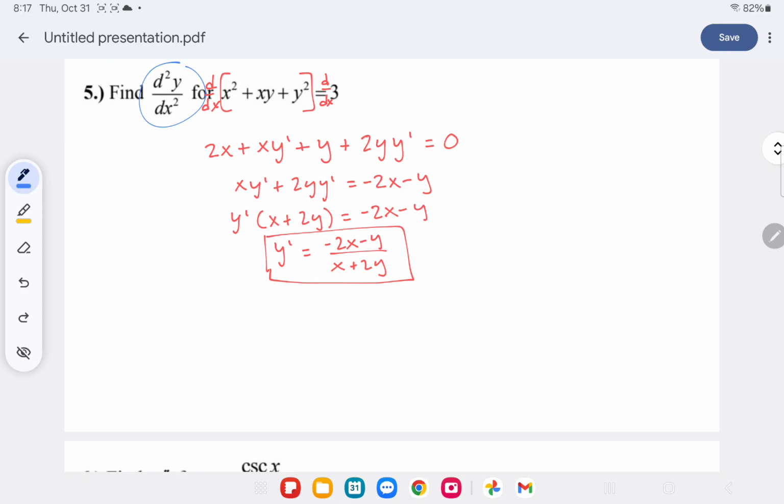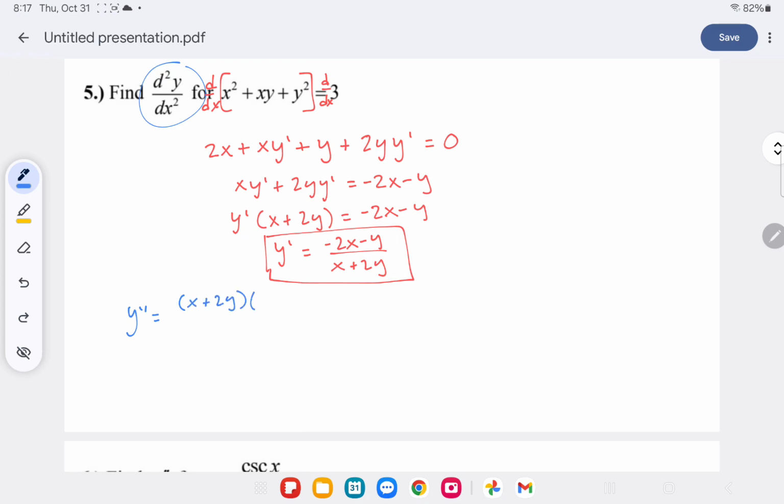So if I need to find the derivative of what we just found, we would have to use the quotient rule in this one. And it does get pretty messy. So definitely I'm not going to simplify it any further, but let's practice the quotient rule. So for the second derivative, quotient rule is low times the derivative of the high.